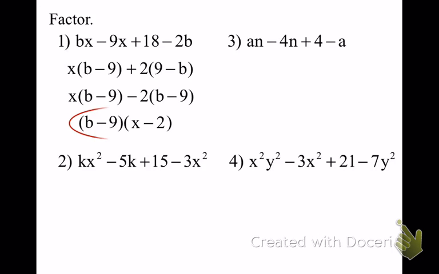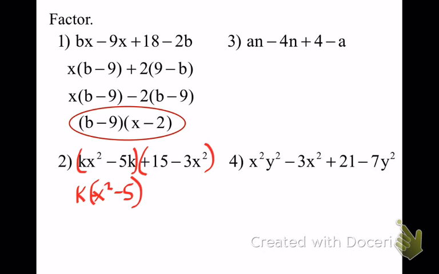Let's try it again. Make our groups. I'm making my groups. And I'm going to divide a k, and I'm left with x squared minus 5, and I'm going to divide a 5, and I'm left with 3. Now I'm going to divide a 3.